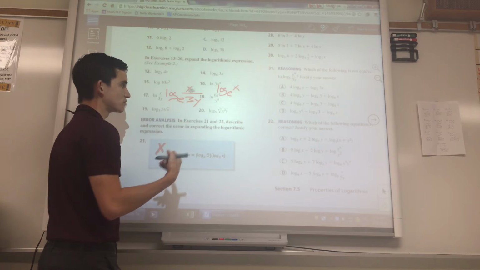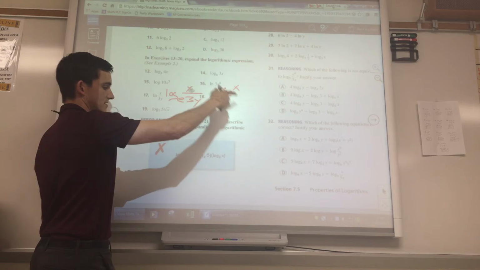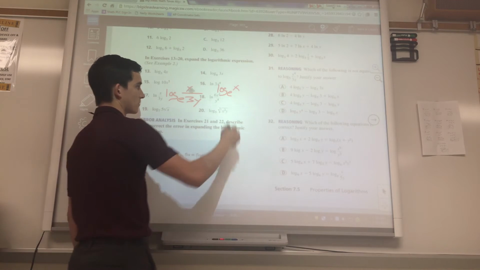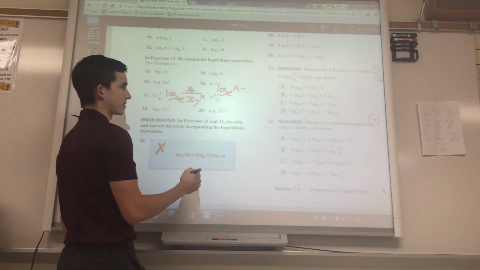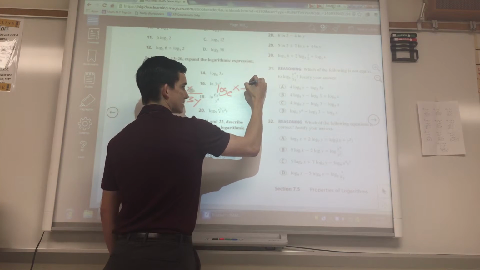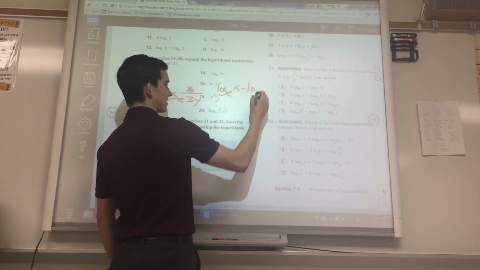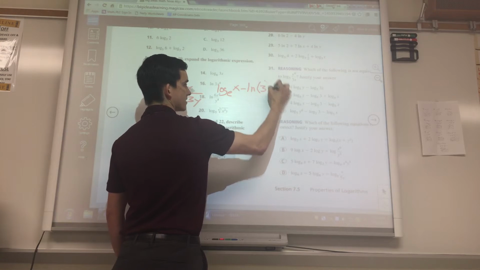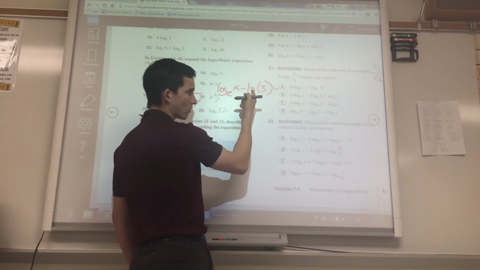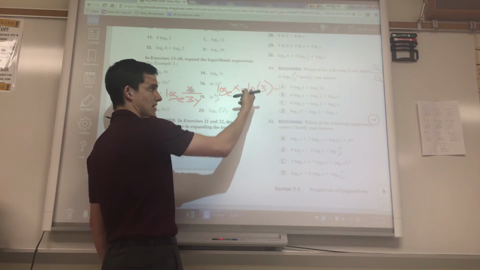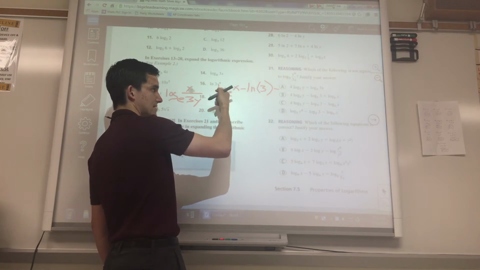And I don't mean to confuse people, but I want you to understand that log base e is the same thing as natural log. So minus, because I'm dividing by 3 and I'm dividing by y, log base e, which is just natural log of 3, minus, I'm also dividing by a y. Again, I don't want people to be confused by that, so I'll say it one more time. That natural log is the same thing as that log base e.